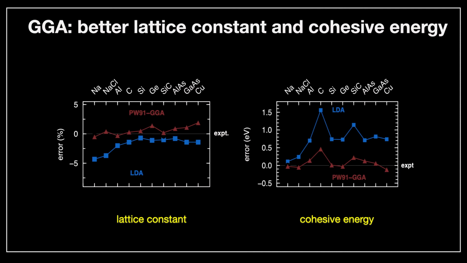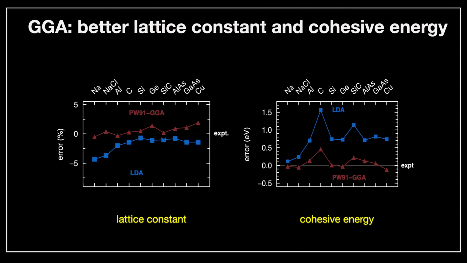So here is an example of what GGA does. You can see that compared to LDA, GGA is able to have a better representation of the lattice constant in solids, like sodium chloride, aluminum, and so on, but also the cohesive energy.